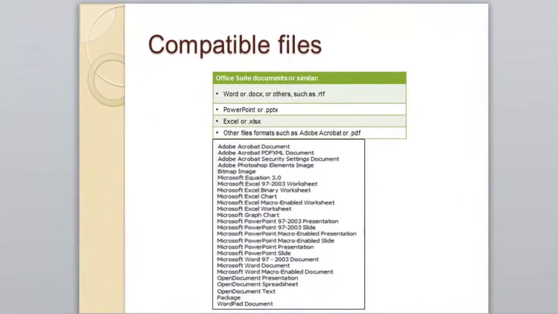For Office Suite documents and other similar documents, the compatible formats are Word with the .docx extension, PowerPoint or .pptx, and Excel or .xlsx. Other file types, such as Portable Document Format or PDF, can also be added to a presentation.